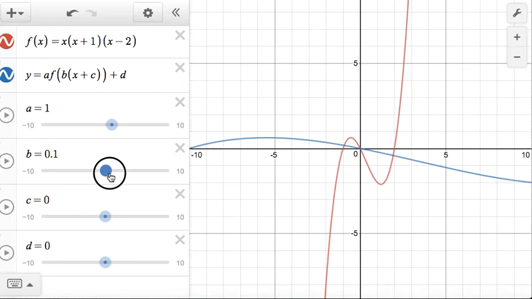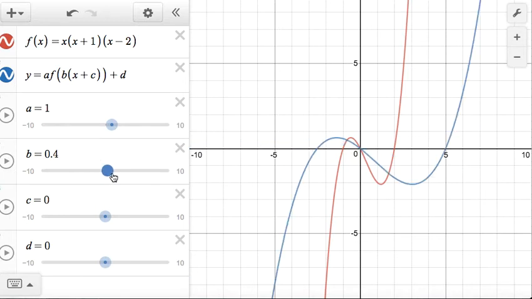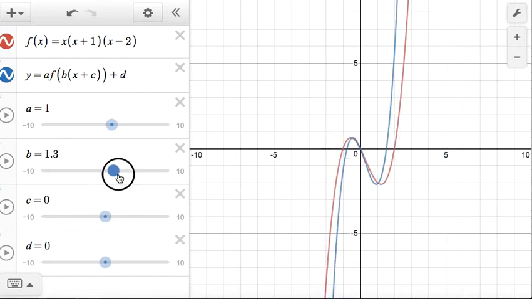And now, if I take b to be a number between 0 and 1, we can see that those x-intercepts have spread out now. Instead of being at negative 1 and 2, they are now at about negative 2.5 and positive 5. So we see that for a small value of b, we get an expansion in the horizontal direction.